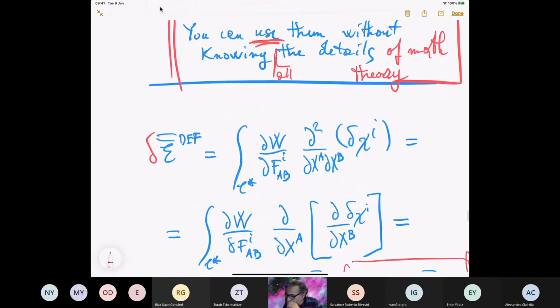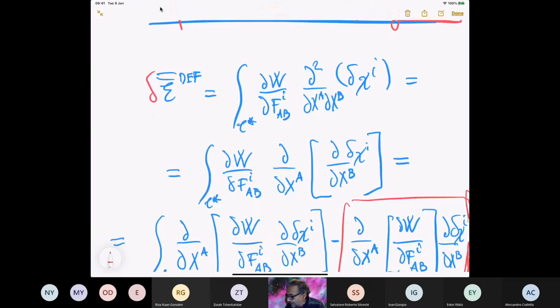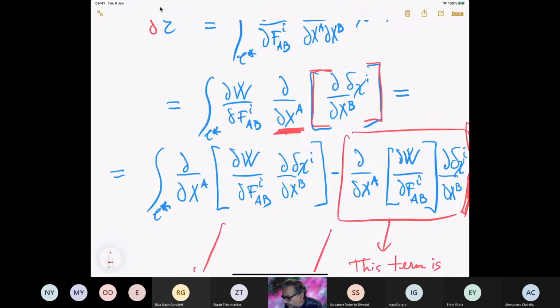Now this first variation here, we can integrate by parts, gathering one derivative inside a bracket and integrating by parts with respect to this partial derivative. This is nothing new when compared with the integration by parts which we already did.